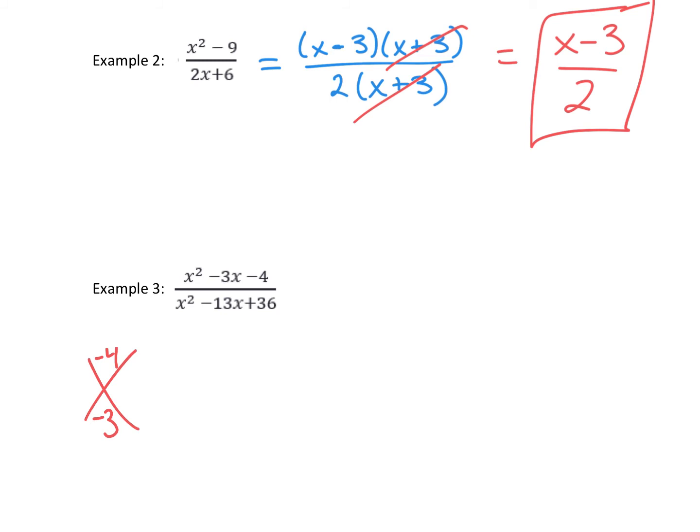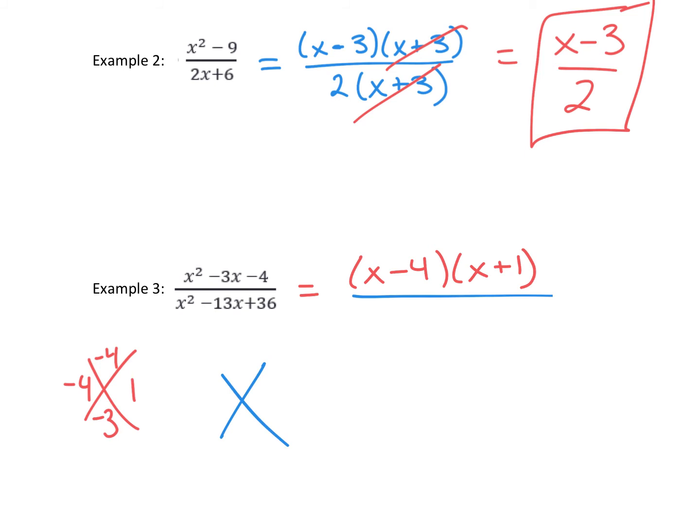What do we think? -4, positive 1? Yep, that works. So on top, my factors are x minus 4, x plus 1, the numbers I just found.